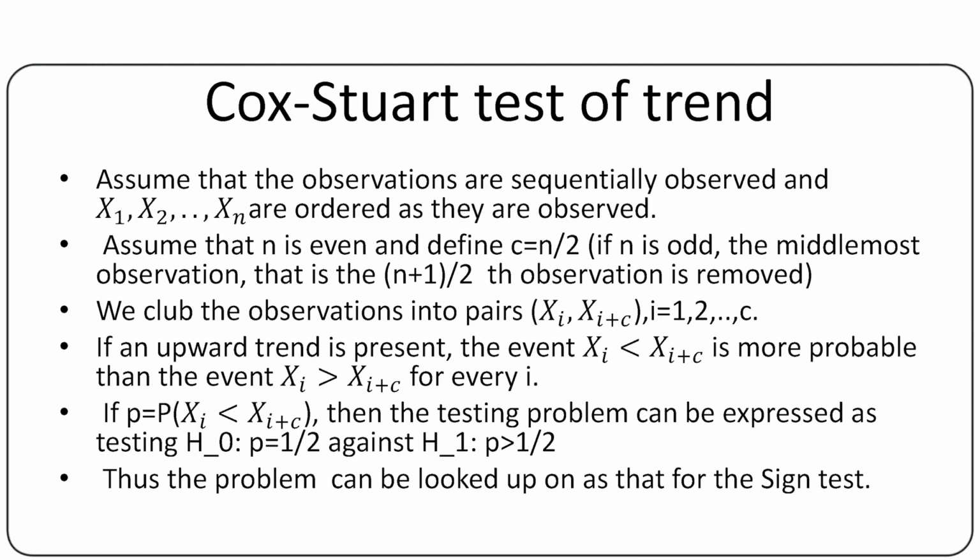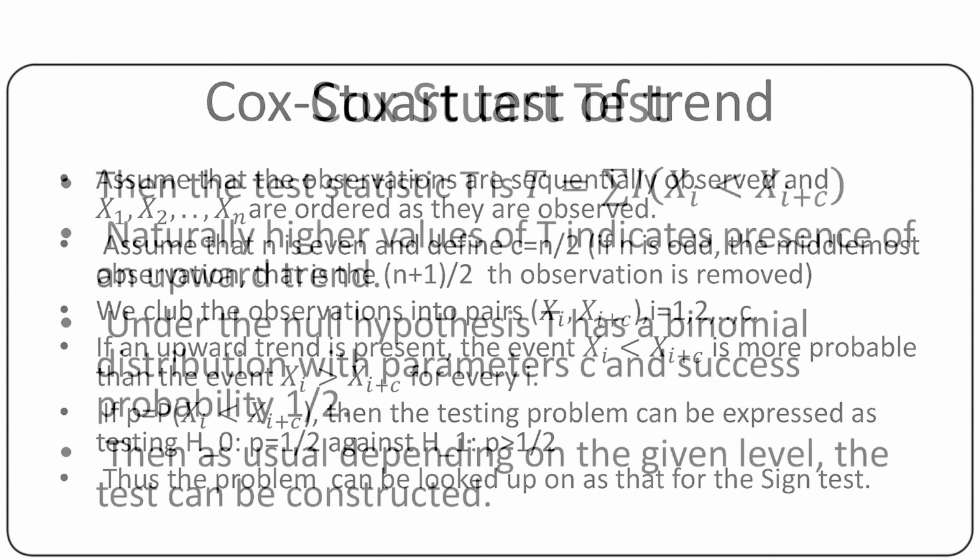Thus, the event Xi plus c exceeding Xi is more probable than the event Xi plus c less than Xi for every i. If we set p equal to probability Xi plus c greater than Xi, then the testing problem can be expressed as H0: p equal to half against H1: p greater than half. Thus, the problem is nothing but that of the sign test.